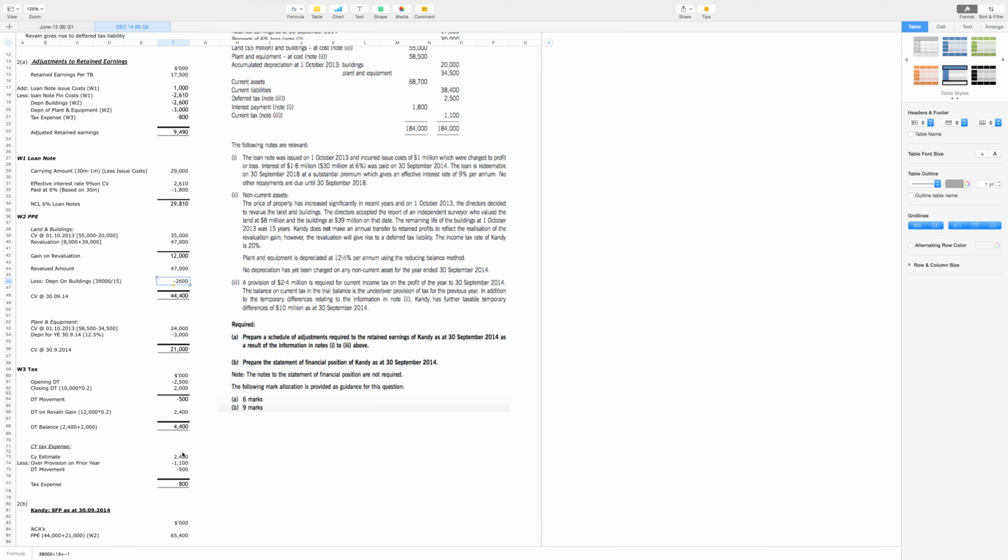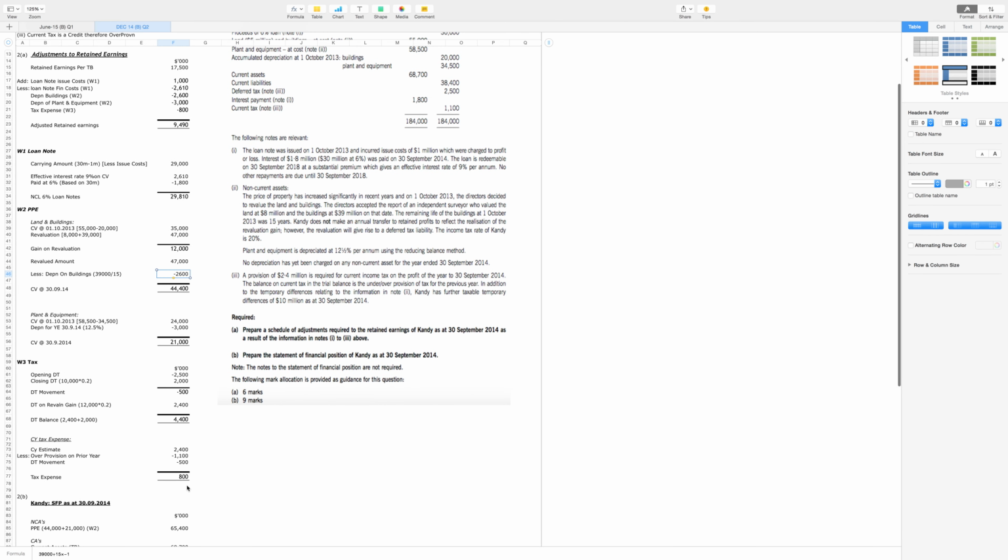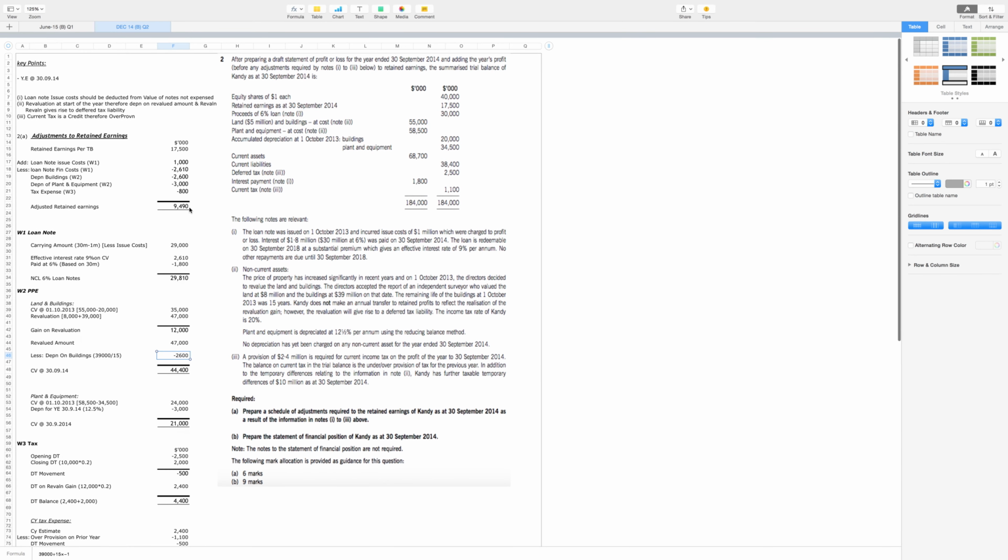We'll come to the revaluation gain shortly. So once we've done this, we get our tax expense for the year of 800,000. So we know that this is what affects our retained earnings, so we'll head back up and we'll add that in.